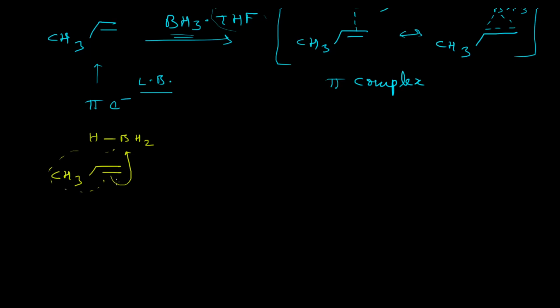So if we consider the first case, that is the breaking of the double bond in this way, then we will obtain this intermediate. The reaction is concerted, that is, it takes place in one step. This type of intermediate will never form in the reaction mixture.